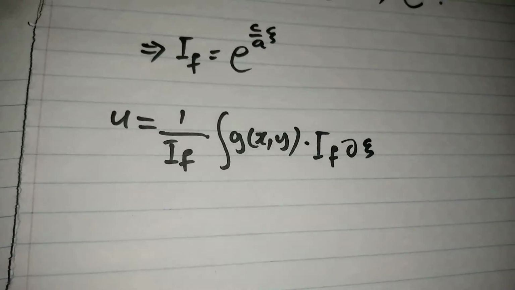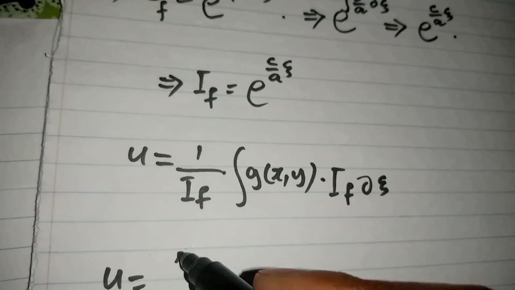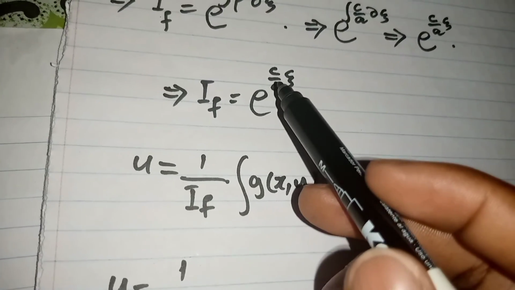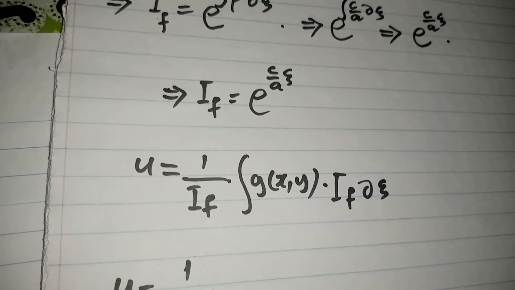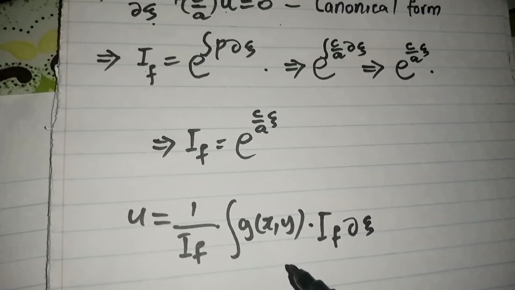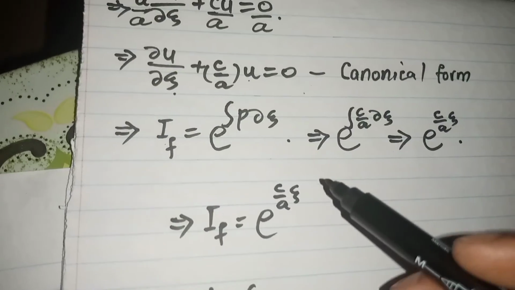So u will be equal to 1 over exponential c over a xi multiplied by the integral of our function, which in this case is given as 0.